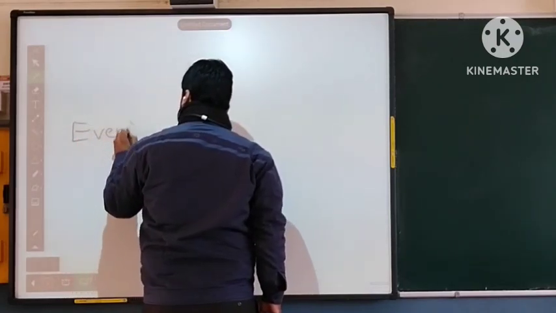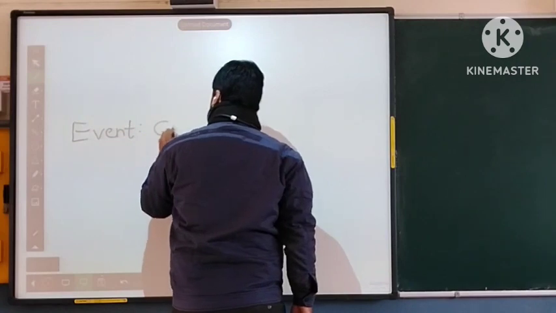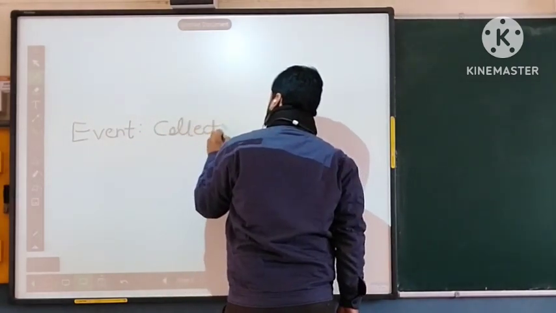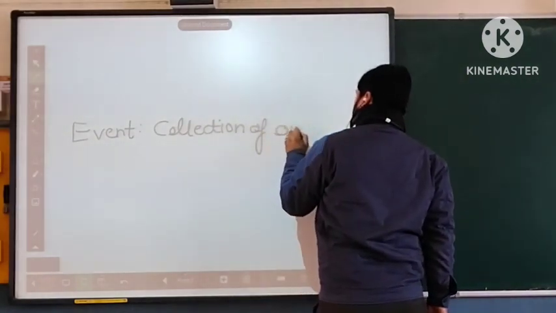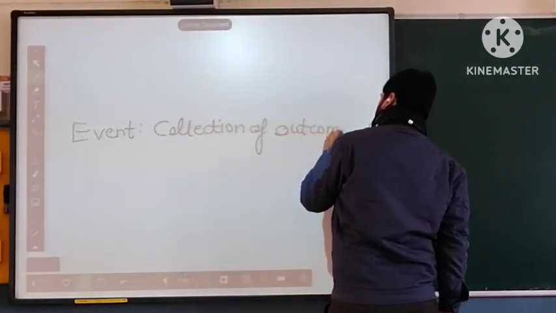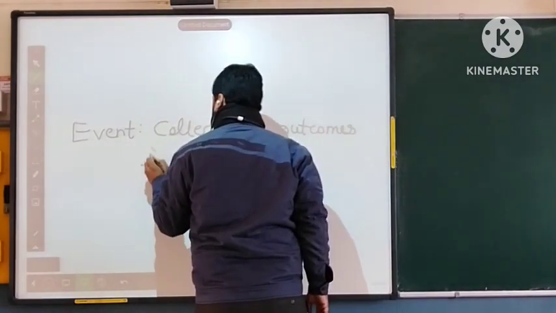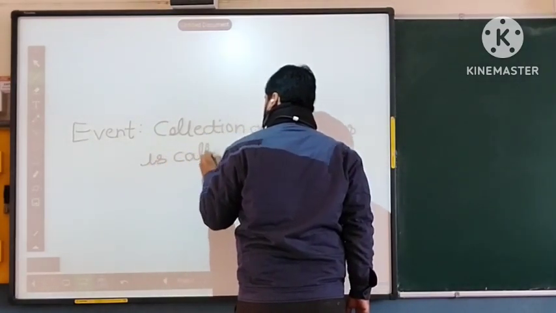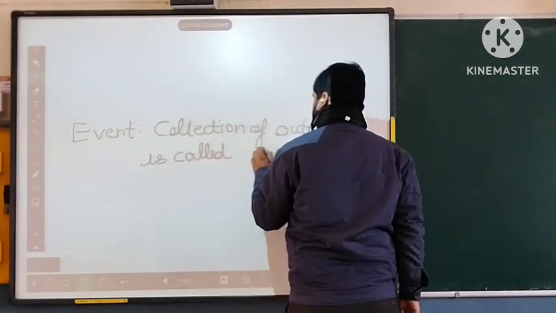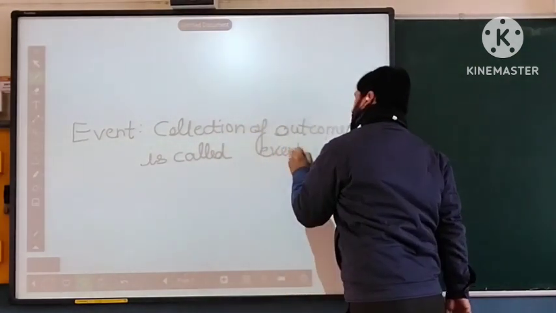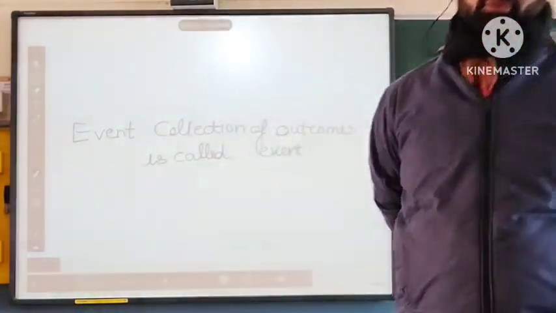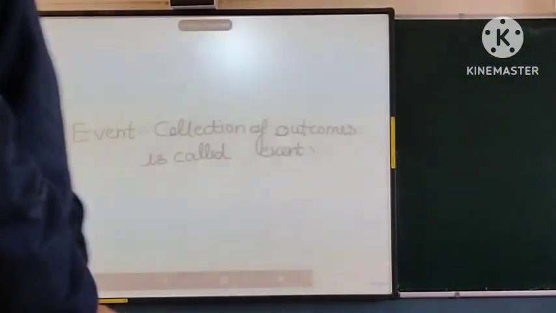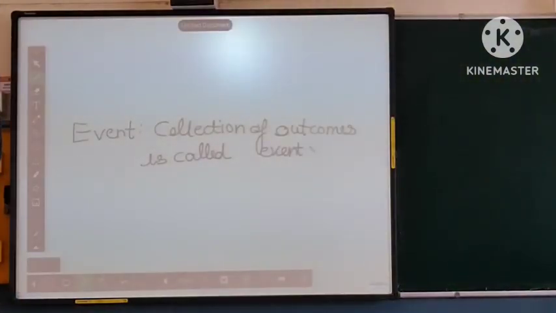Children, as I had told, this is the definition. Examples of an event would be rolling of a die, taking out a card from so many cards, or throwing a die.